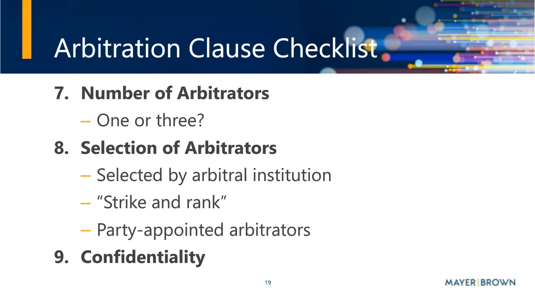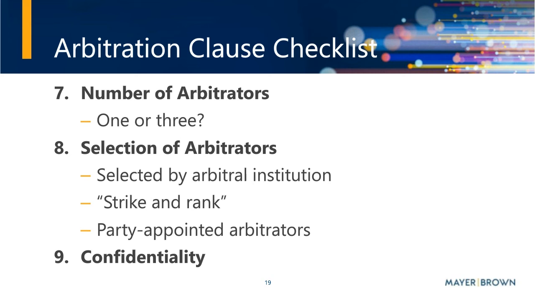And the way that works is the arbitral institution will provide a list of 10 or 15 or 20 conflict-free neutrals. Each party will then have the opportunity to strike a certain number of the candidates, say 2 or 3, and then rank the remaining candidates in order of preference.